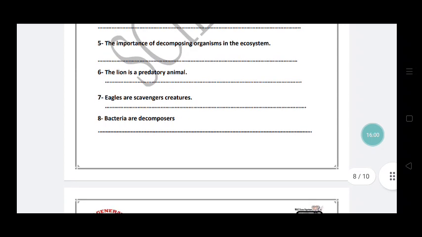Excellent. The importance of decomposing organisms in the ecosystem is that decomposers decompose dead organisms and help us get rid of wastes like dead organisms.